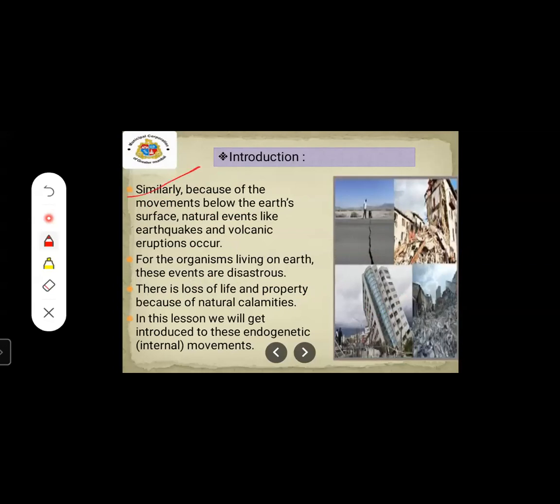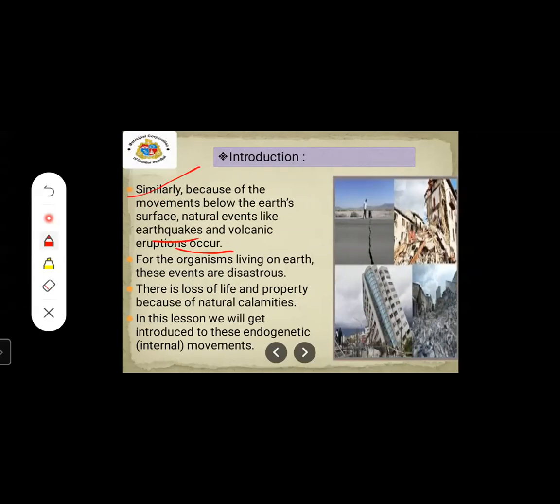Similarly, because of the movements below the Earth's surface, natural events like earthquakes and volcanic eruptions. Yes, just now we have seen there are floods, storms, snowfall, and extreme rainfall. Similarly, with this, we can see the earthquakes also and the volcanic eruption. It also occurs.